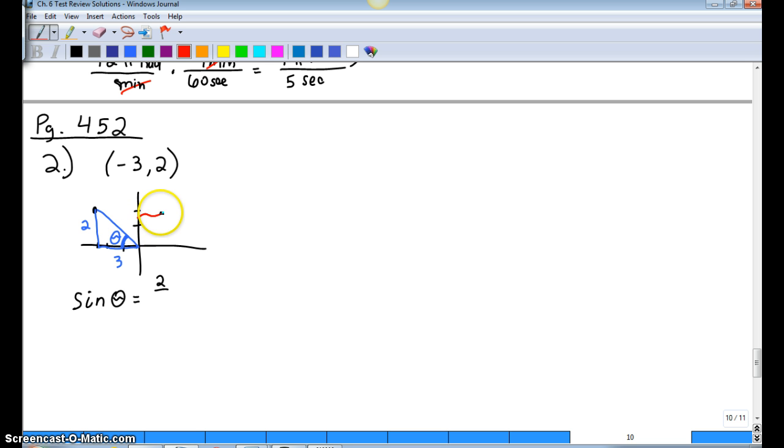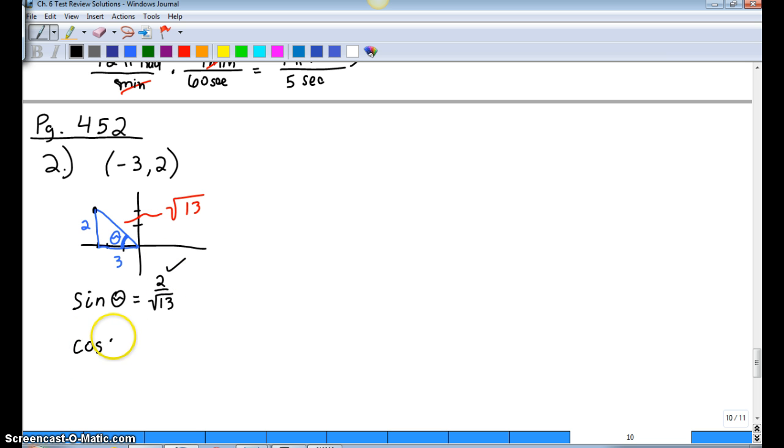That hypotenuse is, let's see, the square root of 4 plus 9, so the square root of 13. So sine theta is 2 over the square root of 13. Now, sine of theta in quadrant 2 is still positive, so we're good.